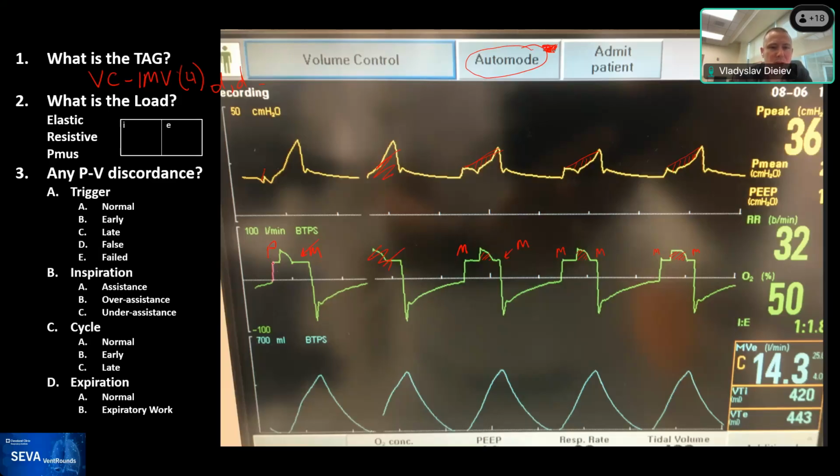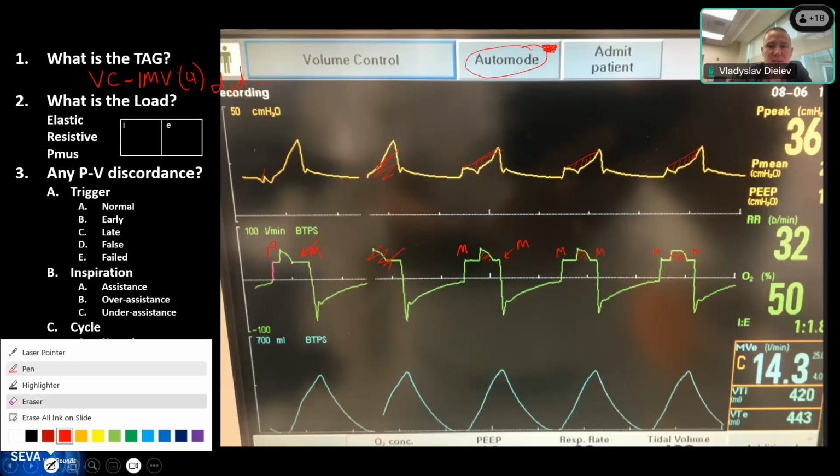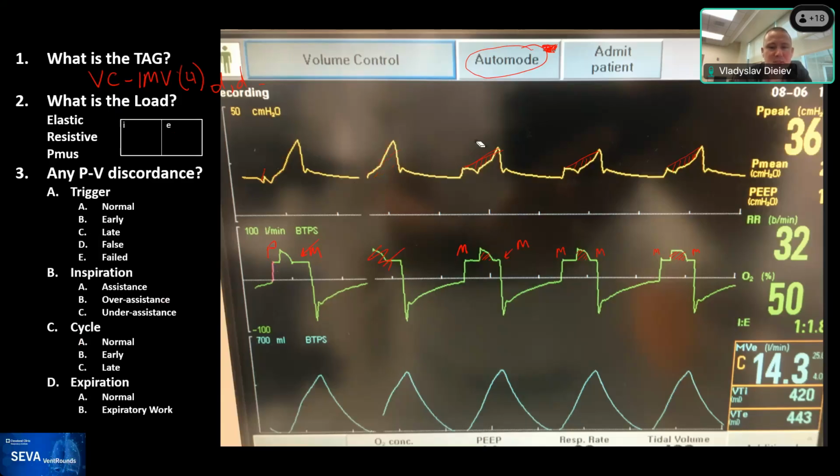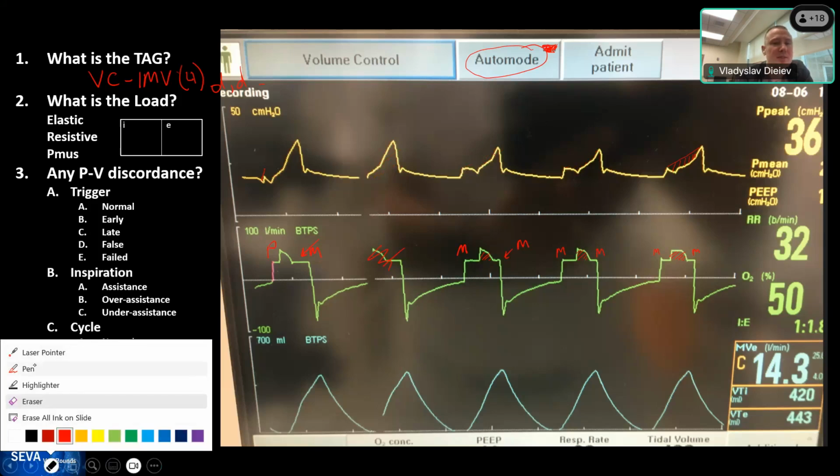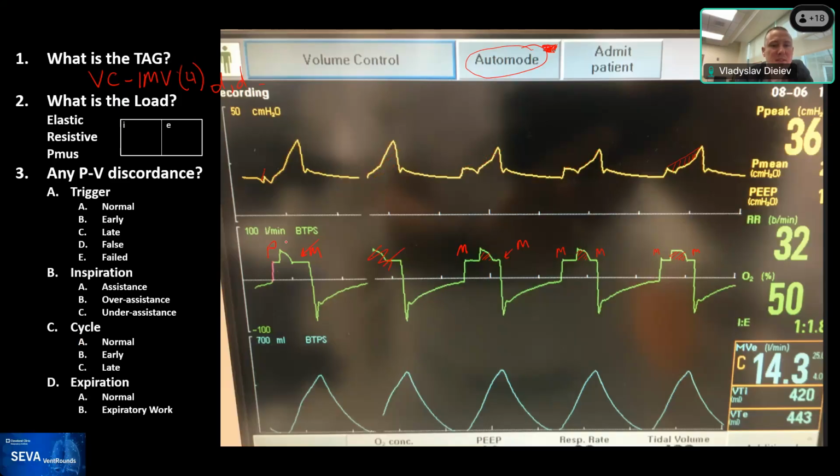When the pressure goes down like this, and then there is an increase in pressure that ultimately results in a peak pressure of 36, and it starts from a PEEP of probably at least 10, we see that number of PEEP on the right side of the screen, that tells you that all this area of the pressure is PMUS.